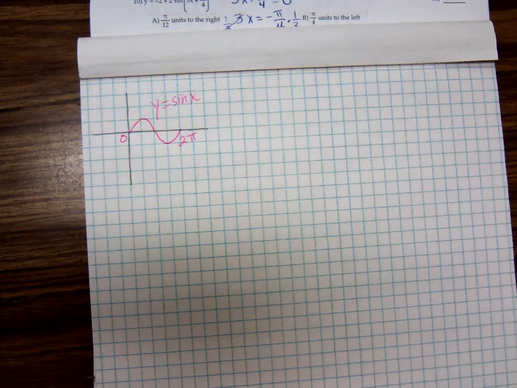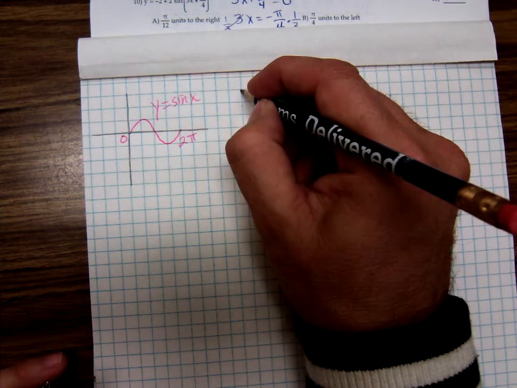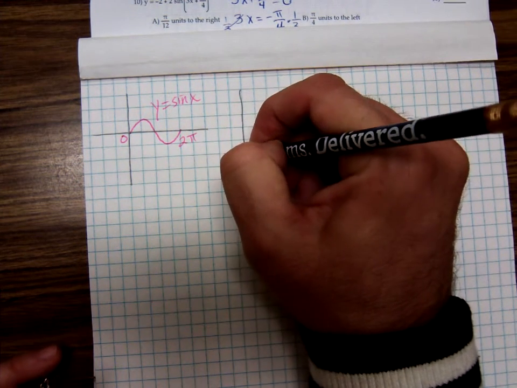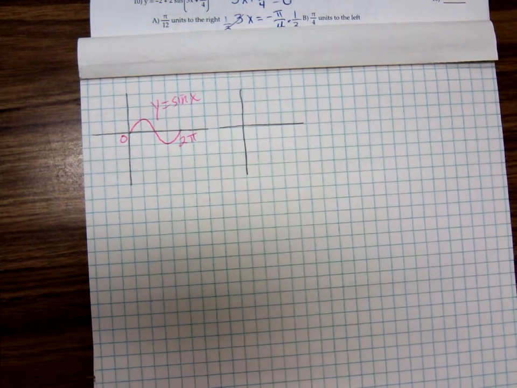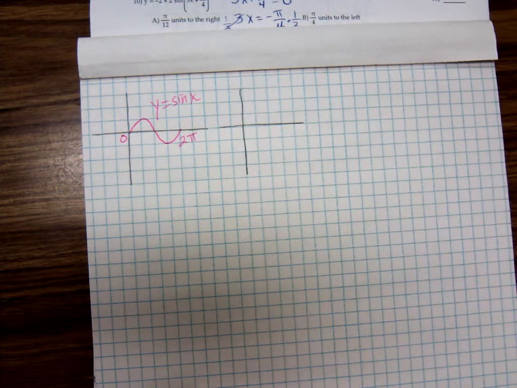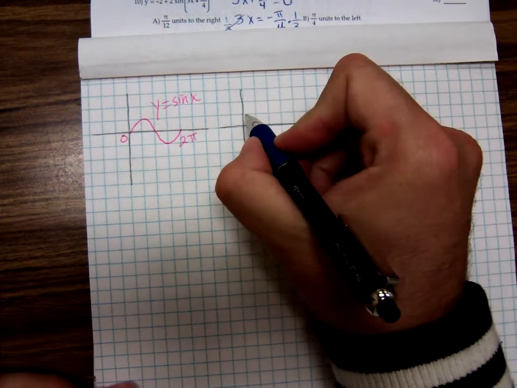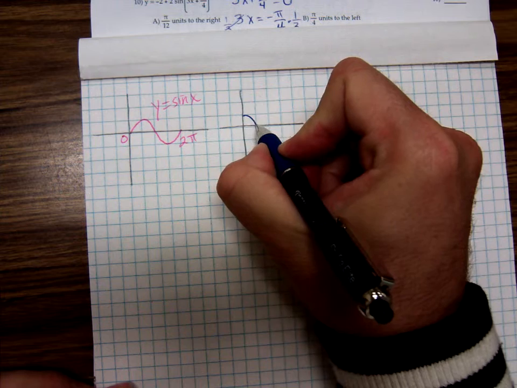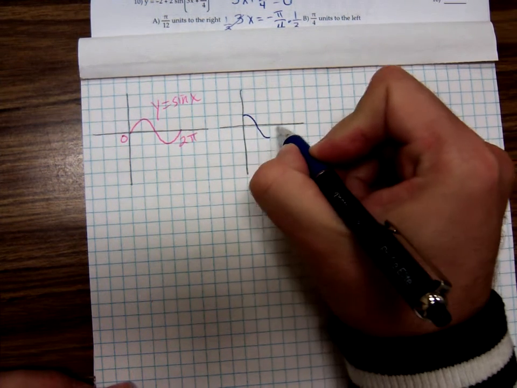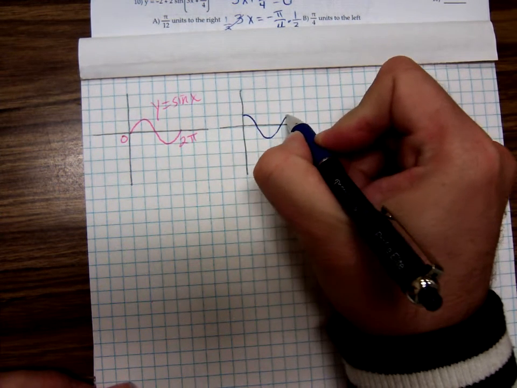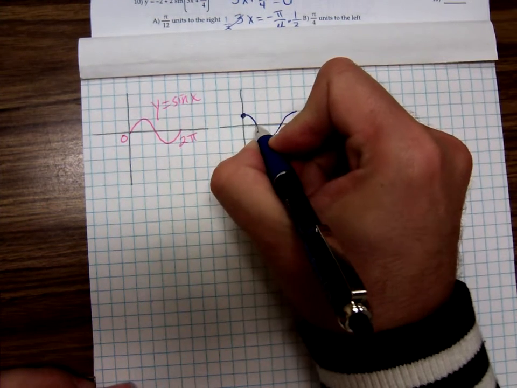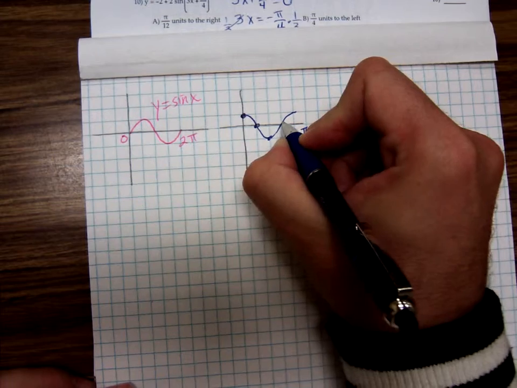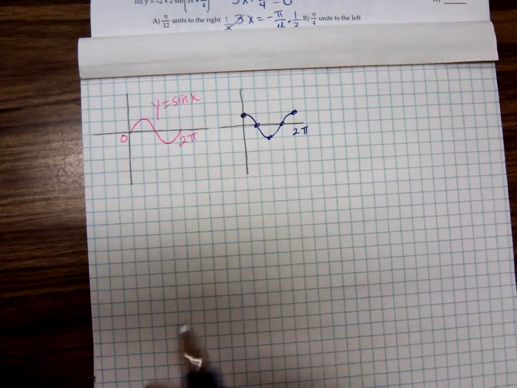Now cosine looks like this. I'll draw it. In class we talk about plotting 5 key points. 1, 2, 3, 4, 5.